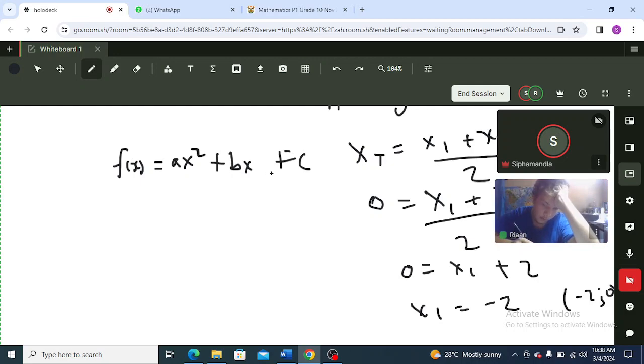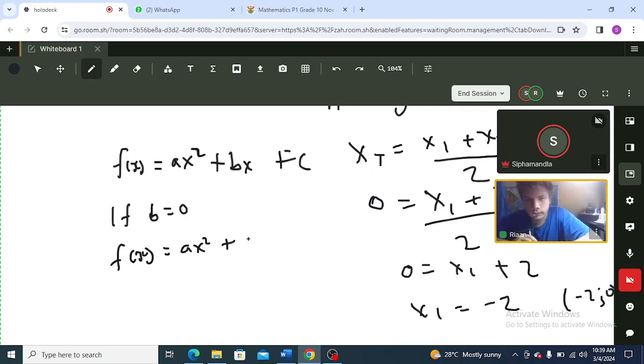And I said if the value of b is equal to 0, you have the function f of x equal to ax squared plus c.